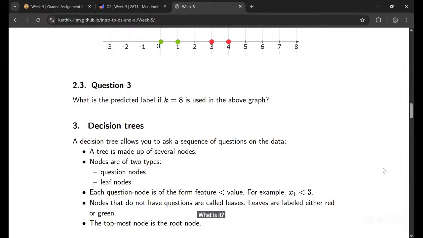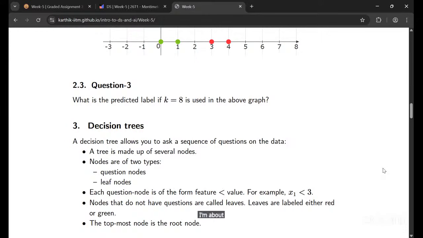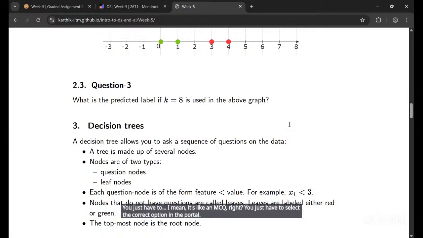Ma'am, we have assignments, right? Is the mark of the assignment fully based only on the questions that we are answering in the assignment, or does something else also count? No, only the questions that you're getting right in your assignment is what matters. It's like an MCQ, right? You just have to select the correct option in the portal and click submit towards the end and it will be submitted. For me, the link is not opening.